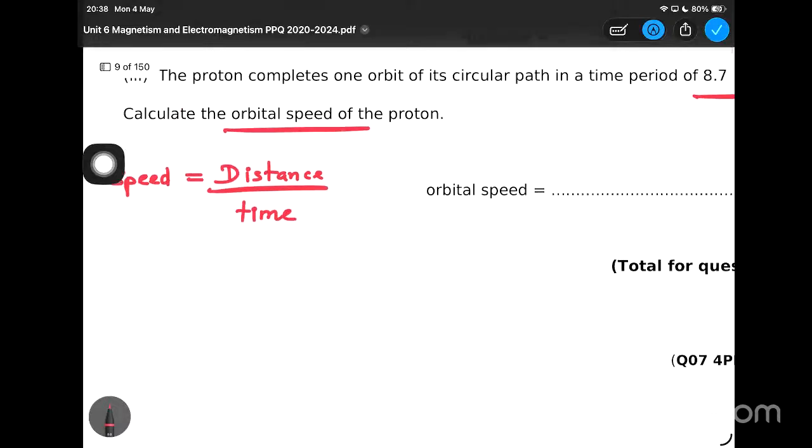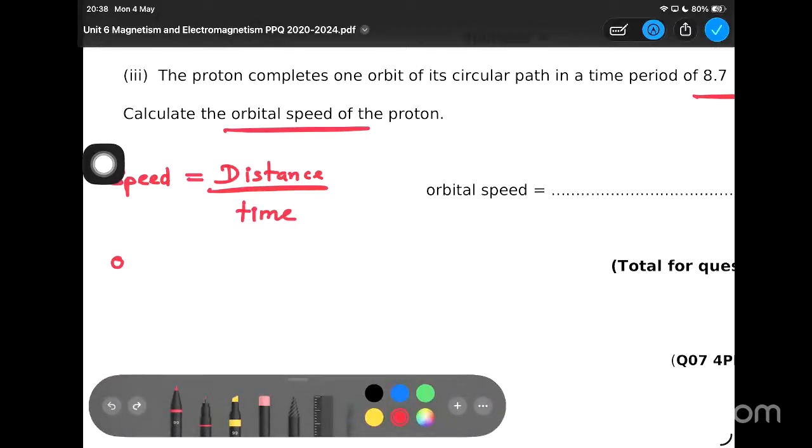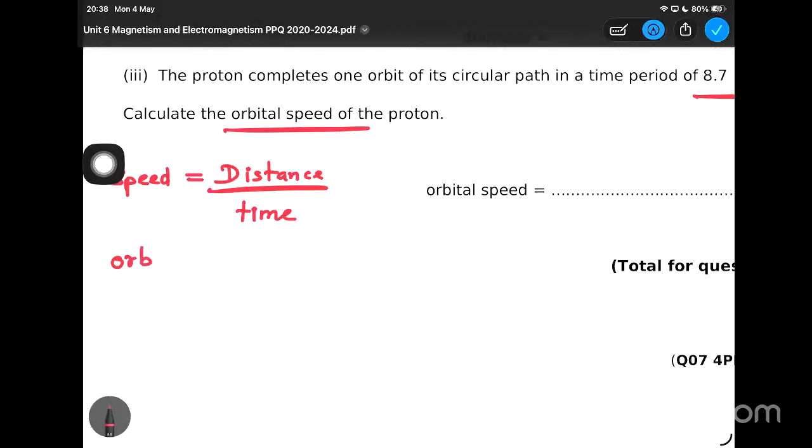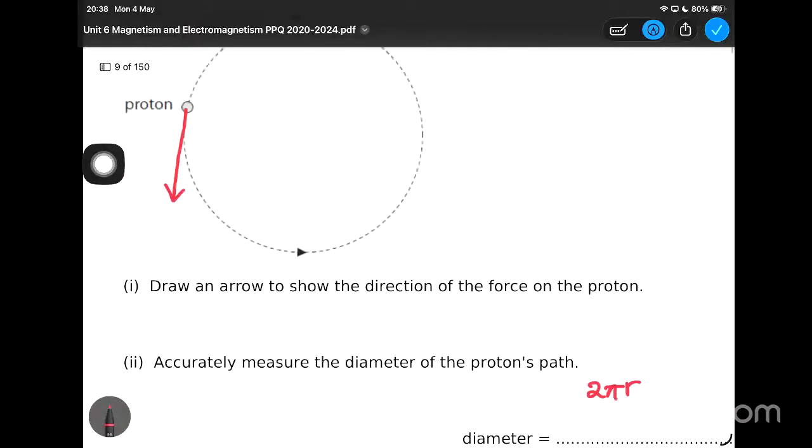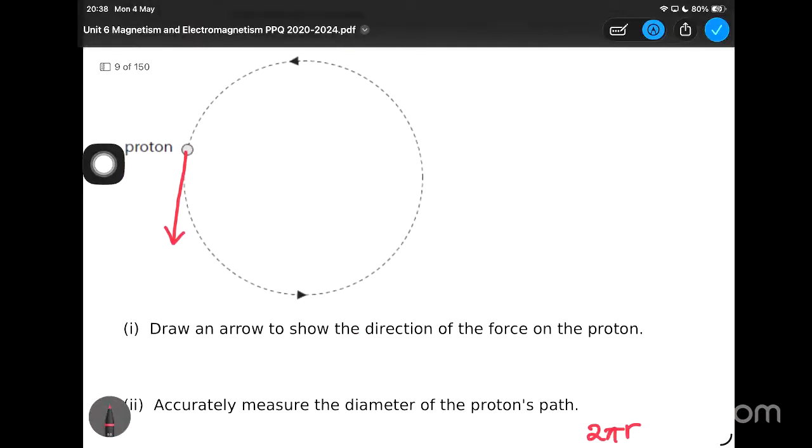So the speed becomes the orbital speed, and now the distance. Here you can see the proton will be covering a distance similar to the circumference of this circle, right?